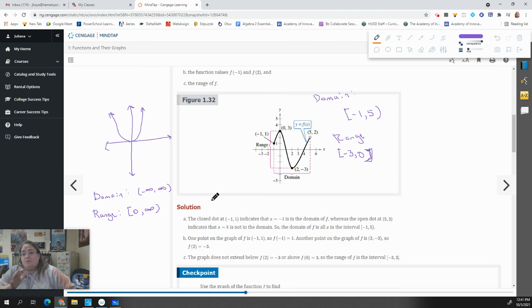But you kind of get the picture in terms of domain and range. Domain, what's happening left to right? Right? What am I allowed to use left to right? I have arrows going in both directions. I can use everything, all real numbers, right? Negative infinity to infinity. My range is what's happening on the up and down, right? So if I've got something like this where it's going on forever here and it's going on forever there, we're good.